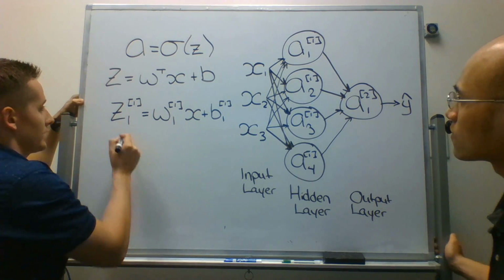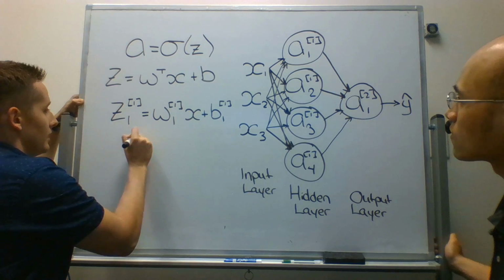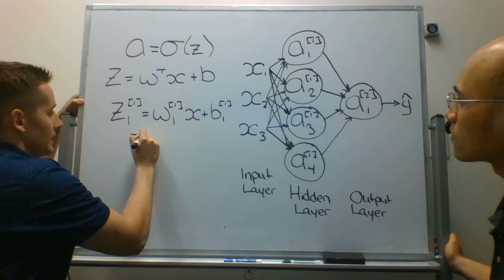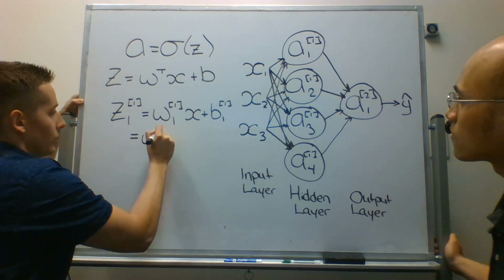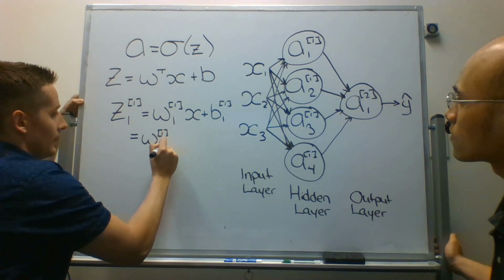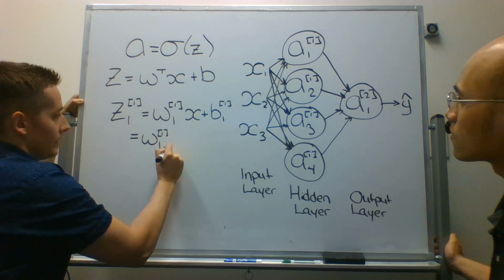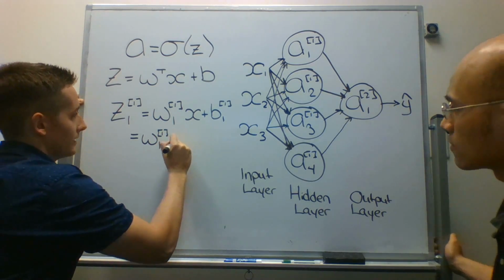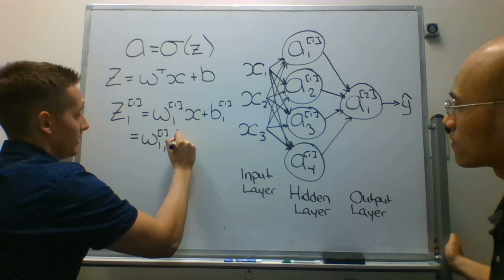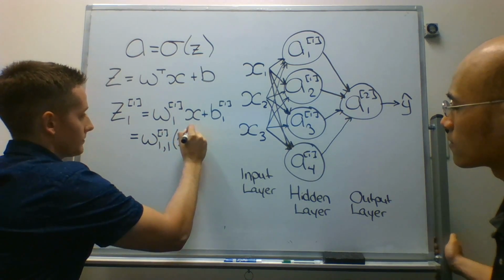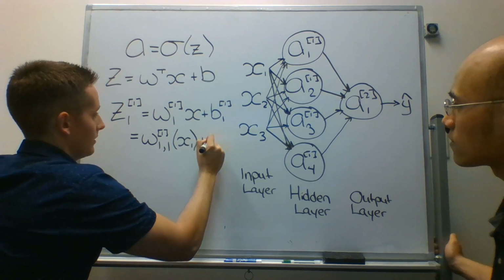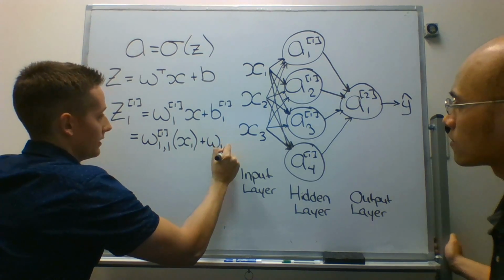These are still in vector representation, so I will go ahead and break those out. It's going to be weights node 1, layer 1, applied to input 1, multiplied by x1, plus weights 1.